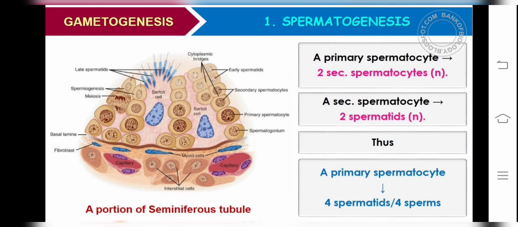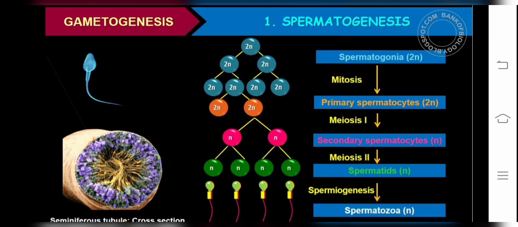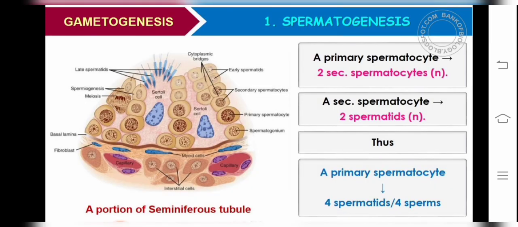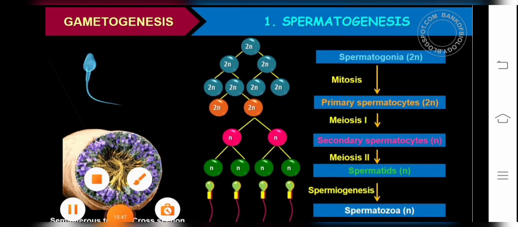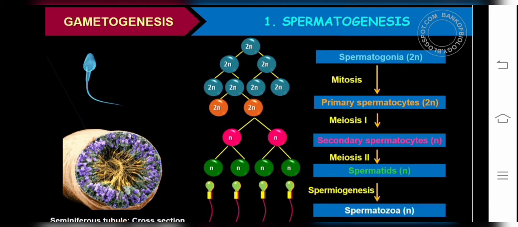So in general, a primary spermatocyte produces two secondary spermatocytes. Agree? If you want, look at the previous schematic representation. A primary spermatocyte produces how many secondary spermatocytes? 2, correct? So one secondary spermatocyte produces how many spermatids? 2 spermatids, correct?